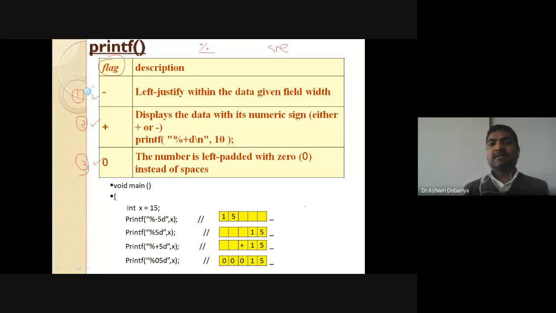Again, see formatting printf, right? Let me take an example. What is the use of a minus flag? If we use minus flag, then what type of output we can get? Here the example is integer x is equal to 15.